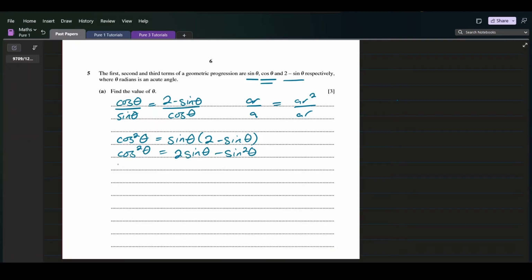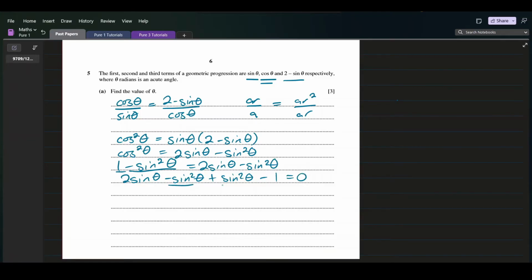Now we can rewrite cos squared theta as 1 minus sine squared theta is equal to 2 sine theta minus sine squared theta. And now let's put everything on one side. So 2 sine theta minus sine squared theta. Move this minus sine squared theta to the right hand side. It becomes plus sine squared theta. And the 1 becomes negative 1. And this is all equal to 0.